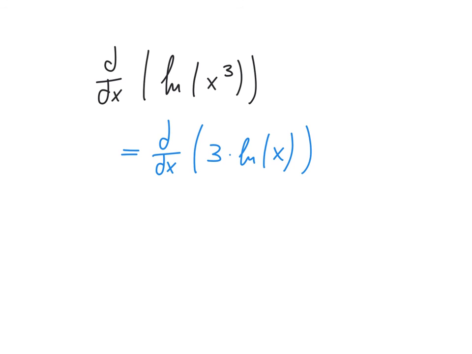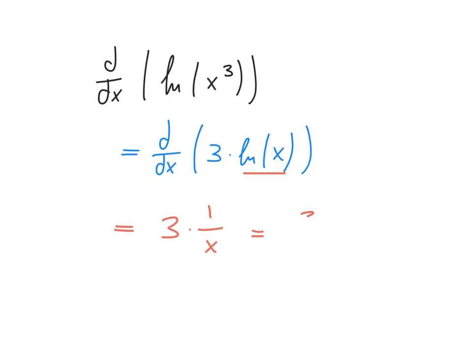But now we see we have a function of the form constant multiple times ln x. So we can just apply the constant multiple rule to a function whose derivative we know. So we apply the constant multiple rule and we get that's equal to 3 times, so just carry the constant, take the derivative of the remaining function, which we just learned is 1 over x.